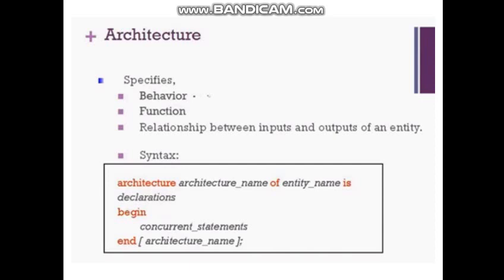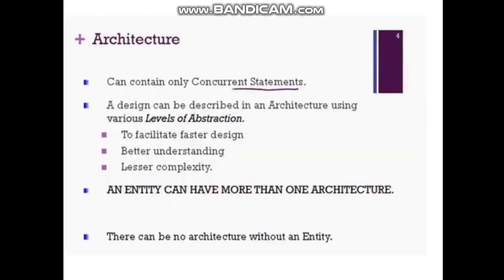This architecture contains only concurrent statements. A concurrent statement is a statement which specifies the behavior, the operation, and the relation between input and output. A design can be described in an architecture using various levels of abstraction, to facilitate faster design, better understanding and lesser complexity.